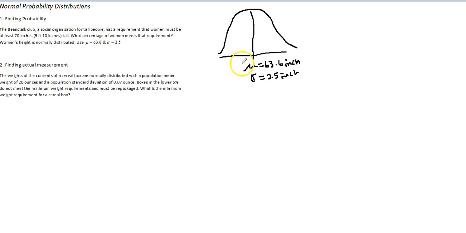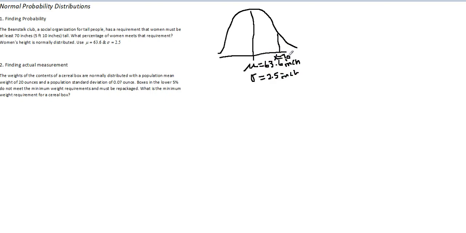Okay, we want to find out what is the probability that if you go out on the street, you select one female, and her height is going to be greater than 70 inches.